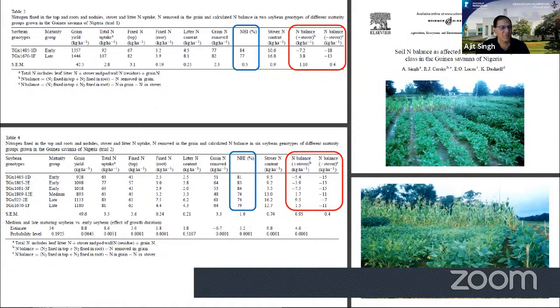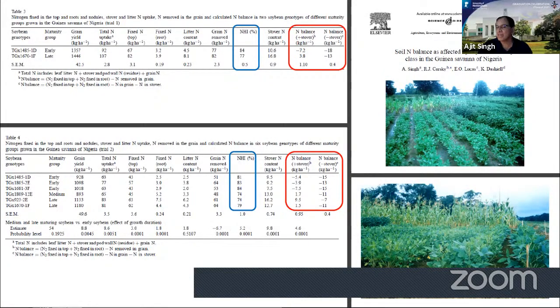High harvest index means it's able to translocate more of the carbon, or more of the nitrogen, from the whole plant to the grain. That's what N harvest index means. Harvest index means that a greater proportion of the dry matter is translocated to the grain.